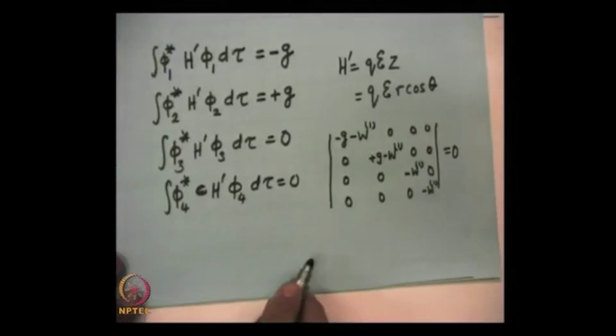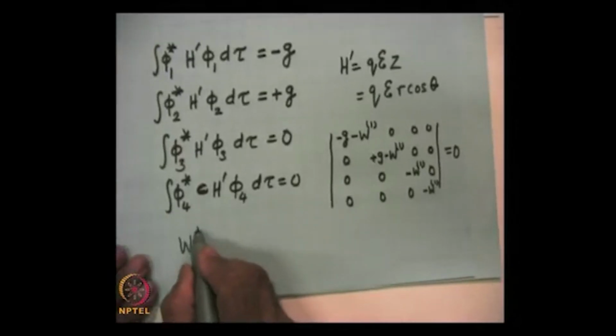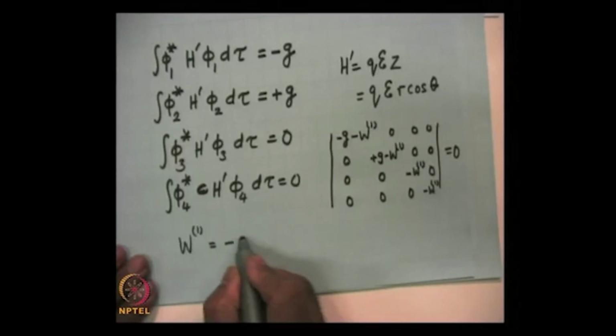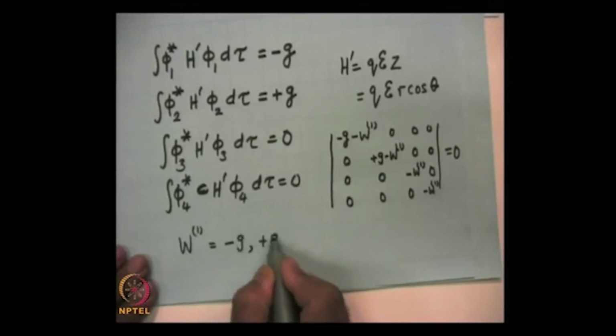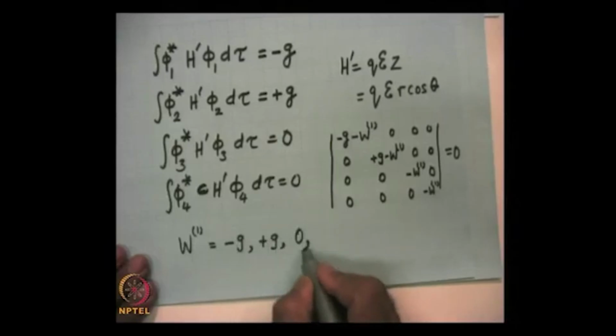The eigenvalues, the perturbations, therefore, W1 will be minus g, plus g, 0 and 0.